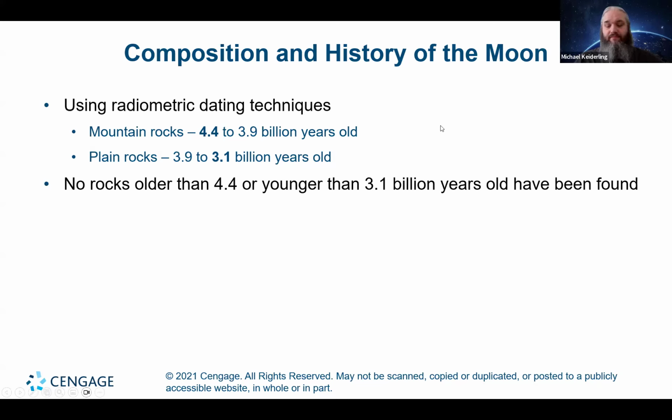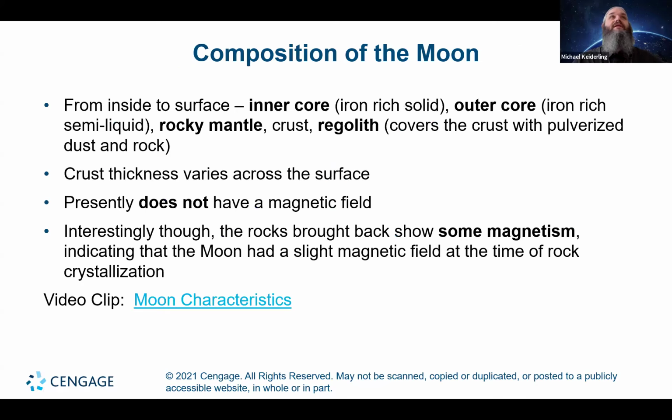Now, if we look at the inside, from the inside to the surface, there's an inner core, which is iron-rich and solid, an outer core, which is iron-rich and maybe semi-liquid, a rocky mantle, a crust, and a regolith, which is like a powdery material, like powdery dust covering the surface, pulverized dust and rock from all the meteorite impacts.